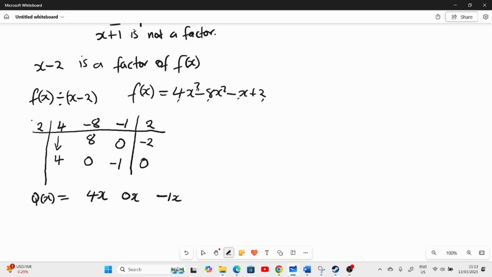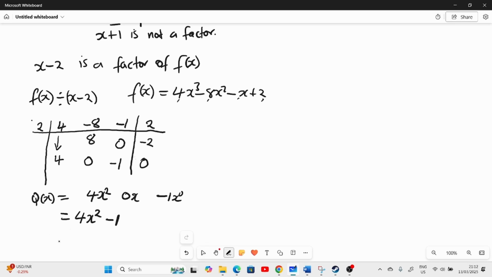The highest power there was 3, so here it will be 2, then 1, then 0. So the quotient polynomial is 4x squared minus 1, because 0 times x is 0, that's why there is no x to the power 1 term.